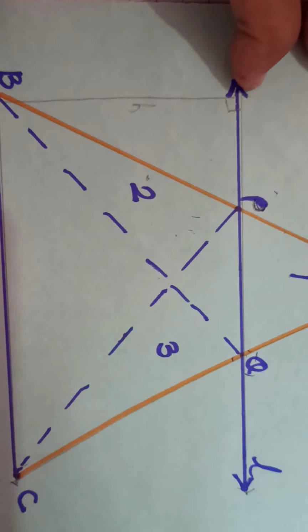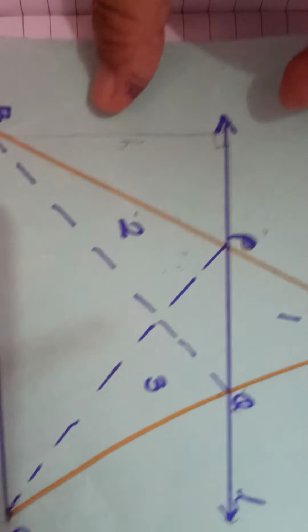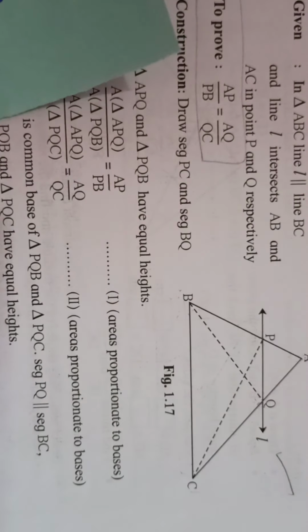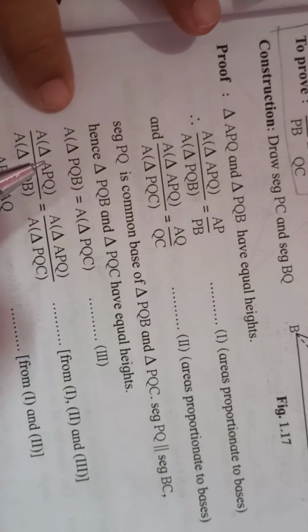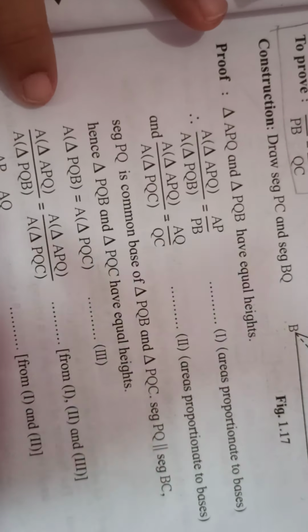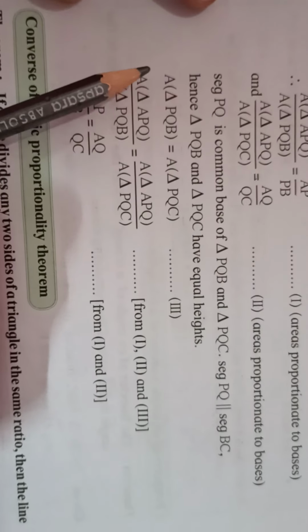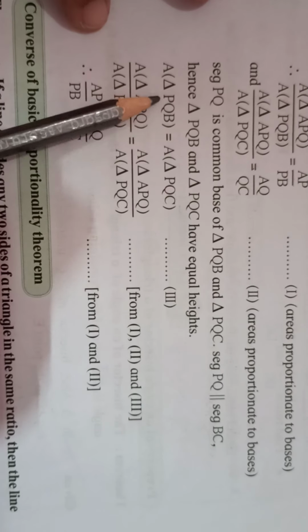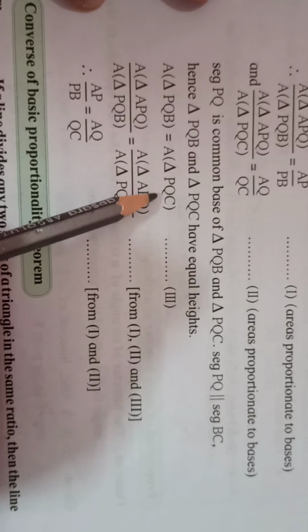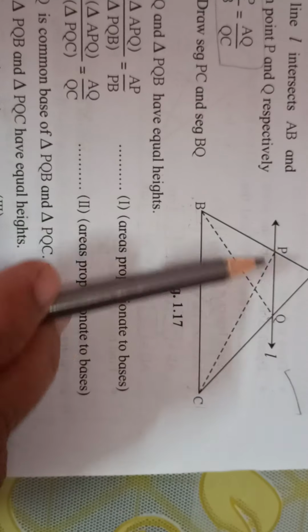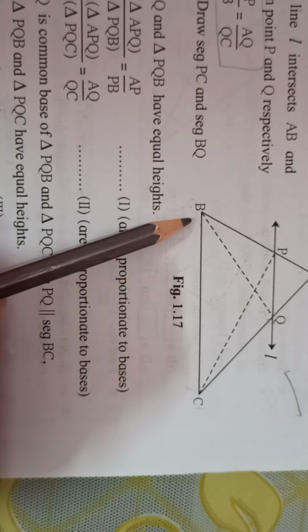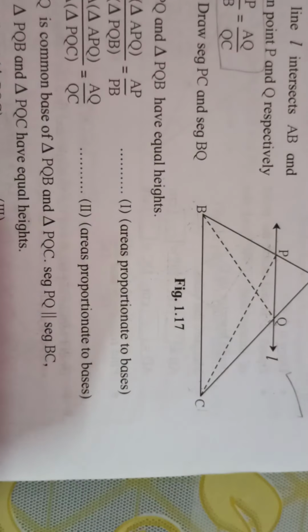So if we consider the areas of the two triangles, triangle PQB and triangle PQC, let us write down the ratio of their areas.